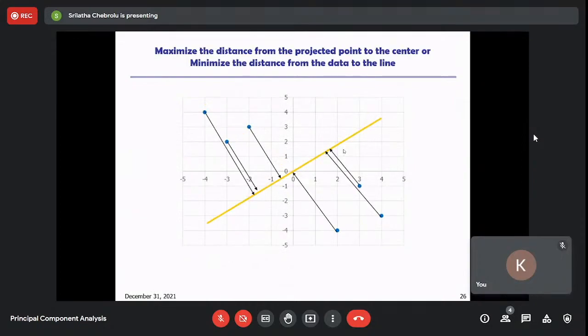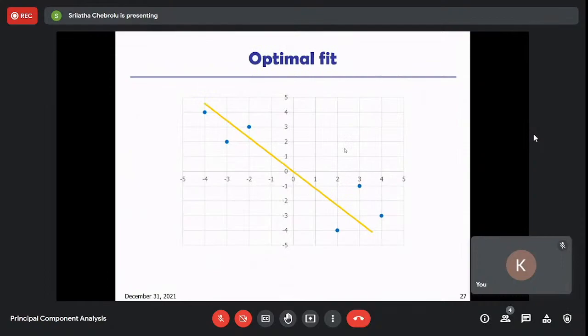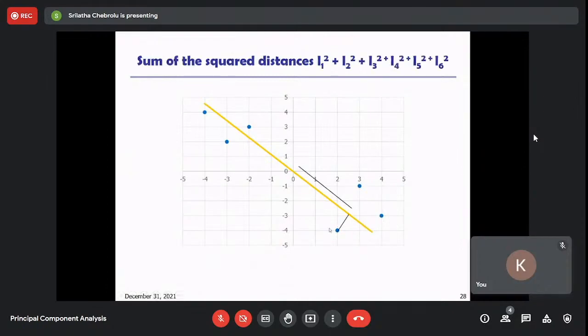Now see here, we have started with this, and then we have ended up with this. If you see this, this line is giving the maximum variance between the projected points. Now what we have to do?